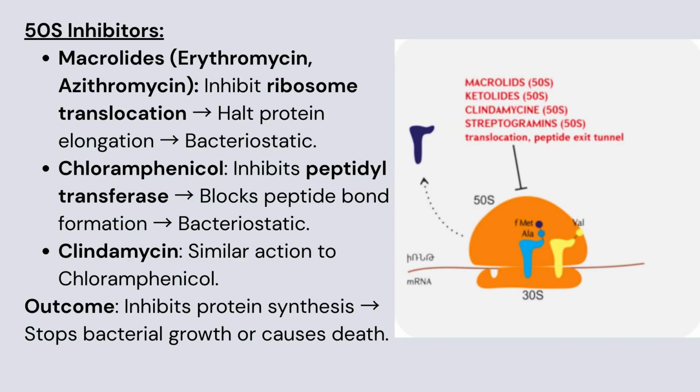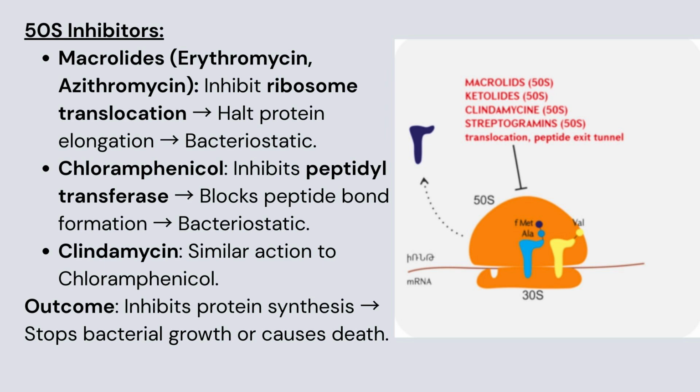Macrolides such as erythromycin and azithromycin bind to the 50S subunit of the bacterial ribosome. They inhibit the translocation step where the ribosome moves along the mRNA. This stops protein elongation and inhibits the growth of bacteria.